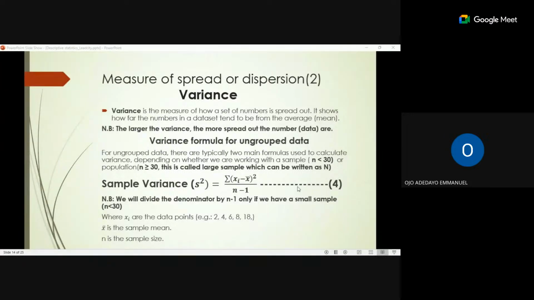Okay. We have variance. Now, let me illustrate this. When you have from 1 to 10, by the time you find the mean from 1 to 10, you are going to have a particular value.